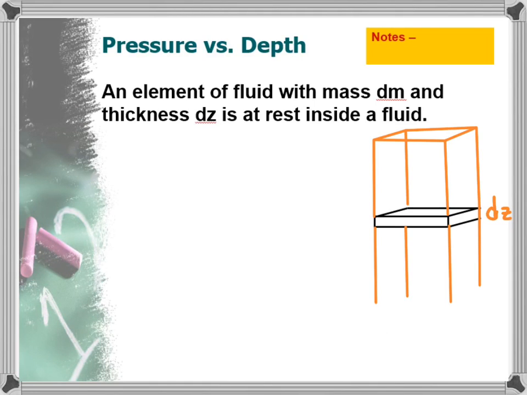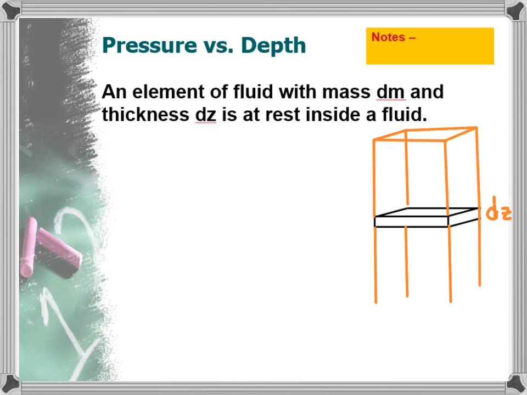Now, pressure, it turns out, varies as a function of the amount of fluid that you have above you. So let's say that we have an element of fluid, and it's at rest inside the fluid here.